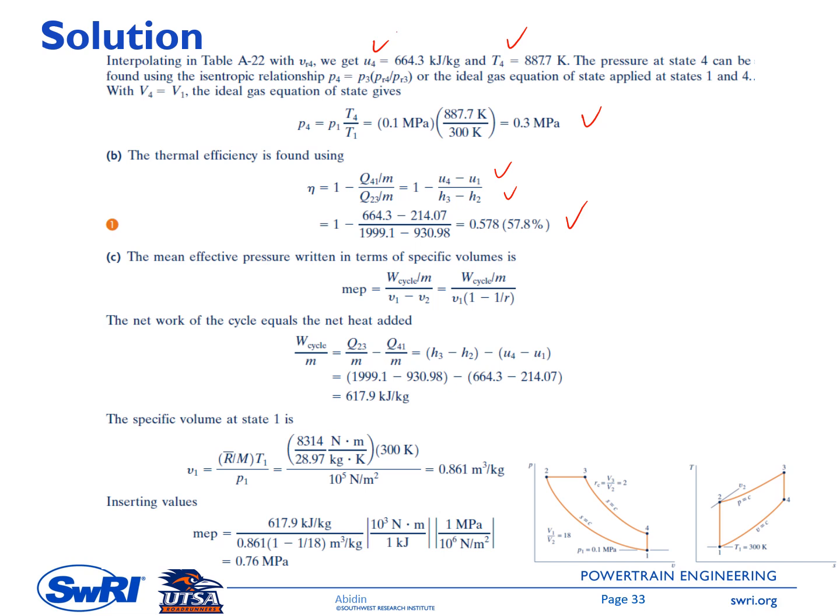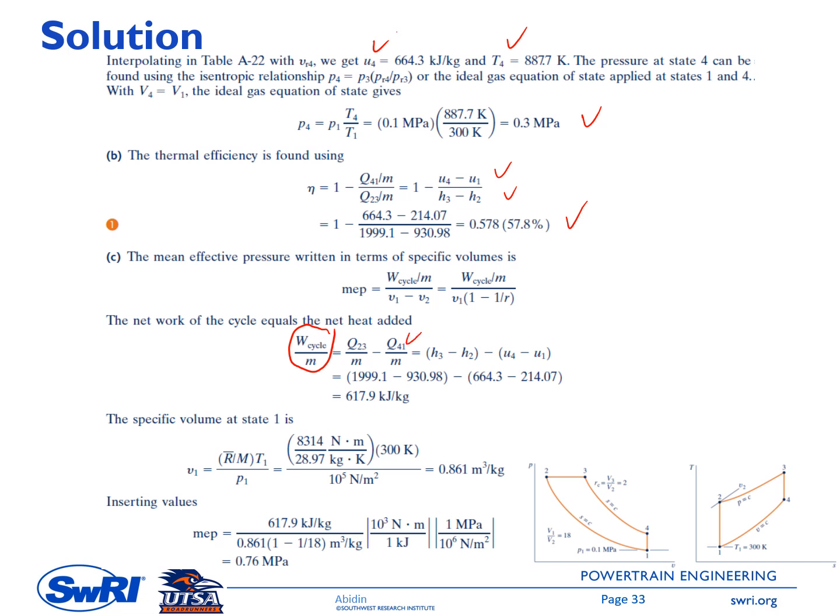Okay, and then the next one is to calculate MEP. Okay, so you need to get what is the net work, and then V1 minus V2, it is equal to V1 times 1 minus 1 over R. It's just a small manipulation here. Okay, so to calculate net work, this one is per unit of mass.